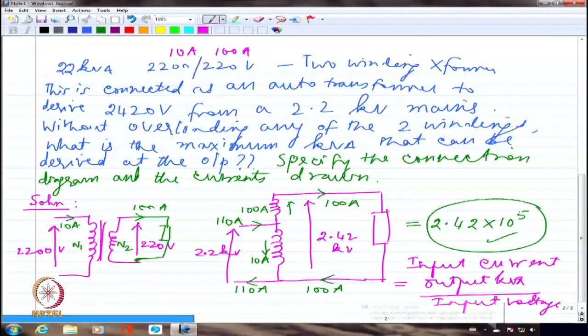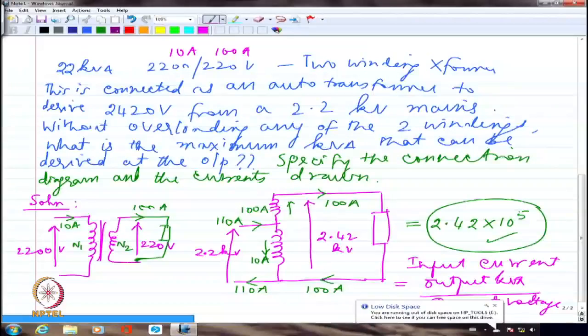So I would be able to definitely multiply the capacity by a very, very large factor in the case of an auto transformer if I have primary to secondary turns ratio in the two winding transformer to be large. No doubt. But if I had designed this winding only to have 220 volts, it will not withstand say 2.2 kilovolts.